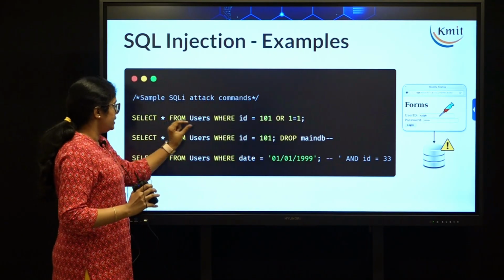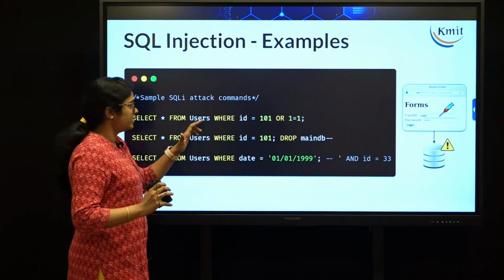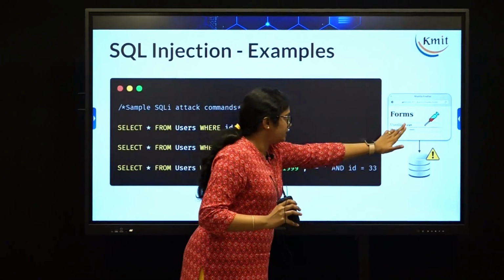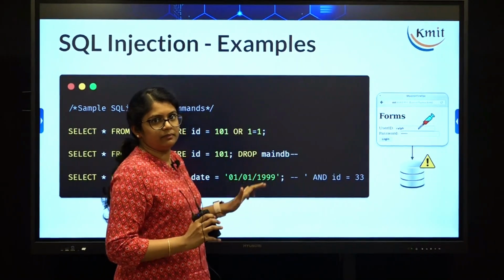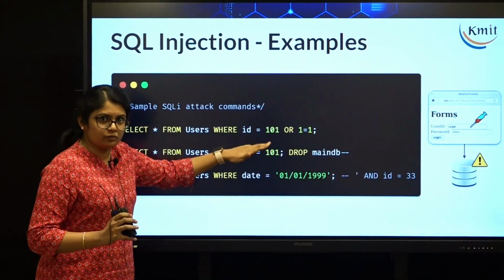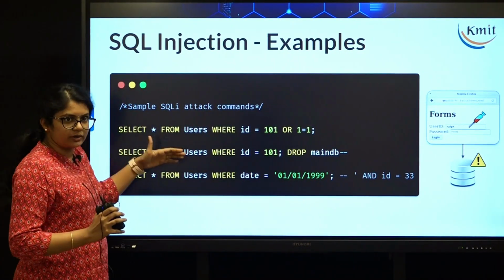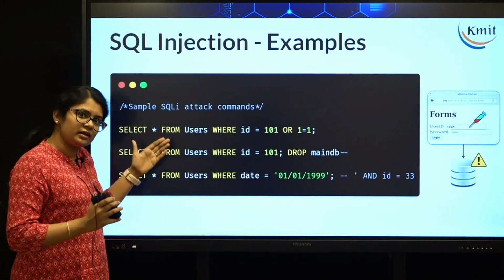That means he is making this query true. And how is he doing that? So besides typing 101 here in the user ID space, he is also typing 1 equal to 1. Why is he doing that? Because he wants this condition to be set true, so that he can either log into the website or he can actually expose whatever information is stored on the database.